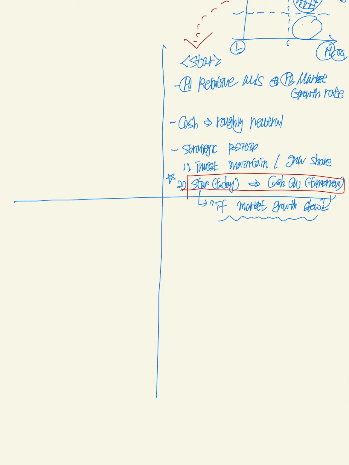So this area is cash cow. Cash cow: high relative market share plus low market growth rate.